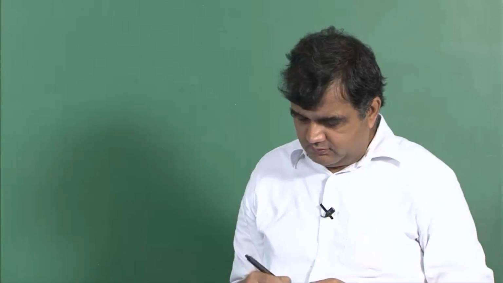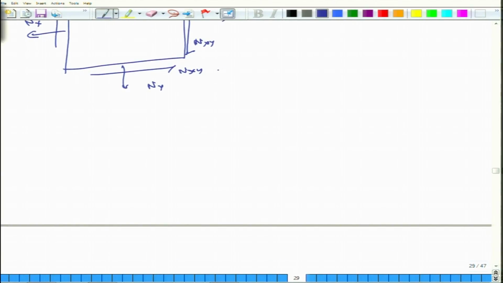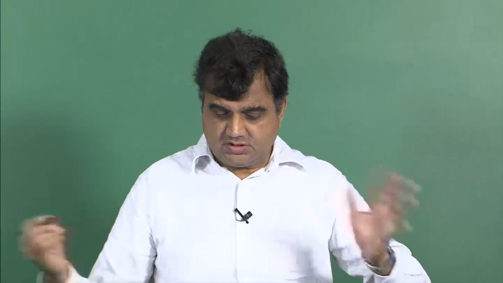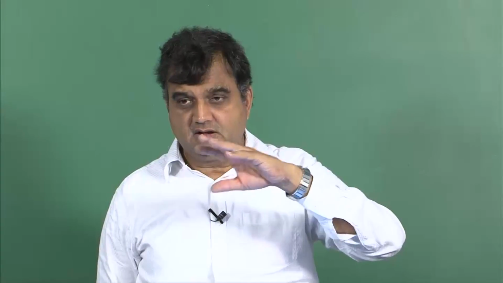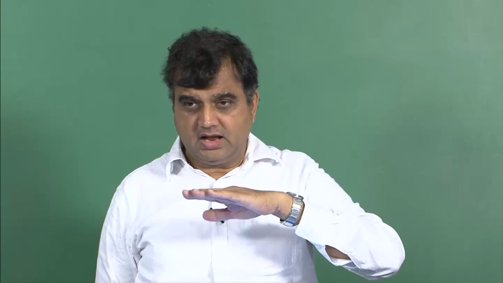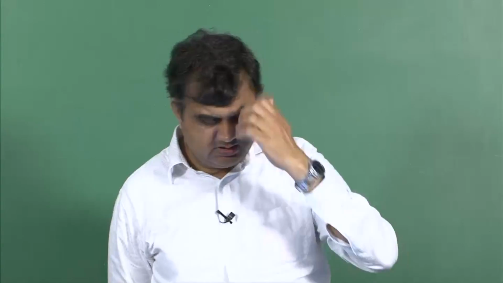What will happen? If I plot on the x axis, let us say I am plotting deflection. Suppose I am also applying some moments on it, but all the external forces are proportionally increasing. Initially let us say all the forces are 1, 1, 2, then after some time they become 2, 2, 4. So, everything is going up proportionally.